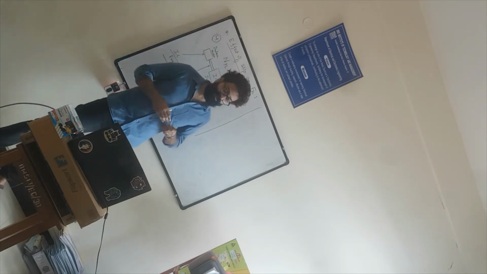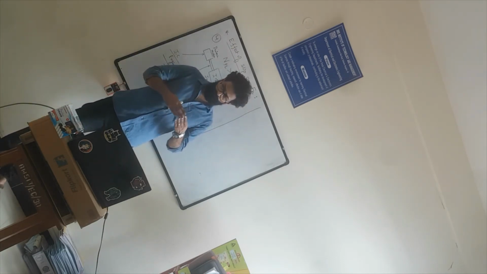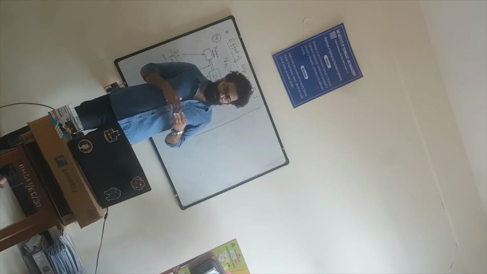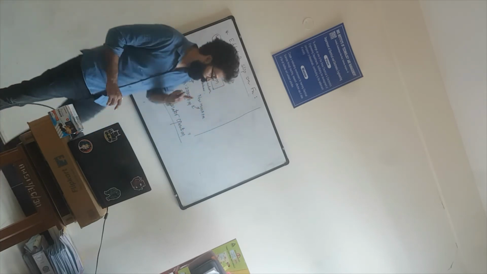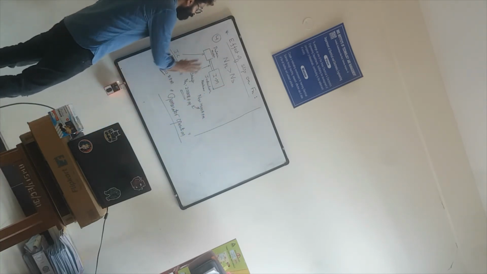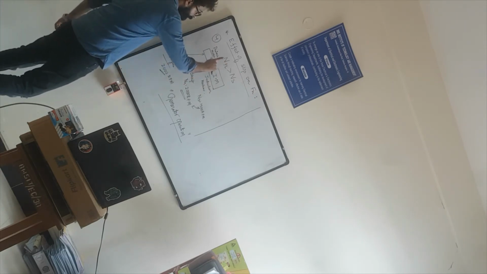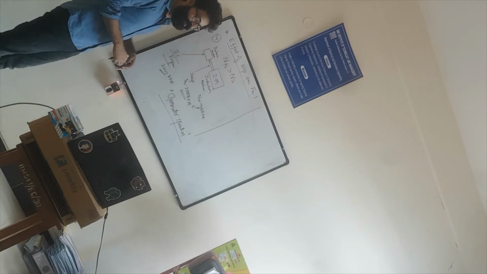So what happens if you give the input as mechanical energy? You will get electrical energy as the output. That is what is happening in case number 4. Whenever your rotor speed is greater than the synchronous speed, the induction machine gets into generator operation.